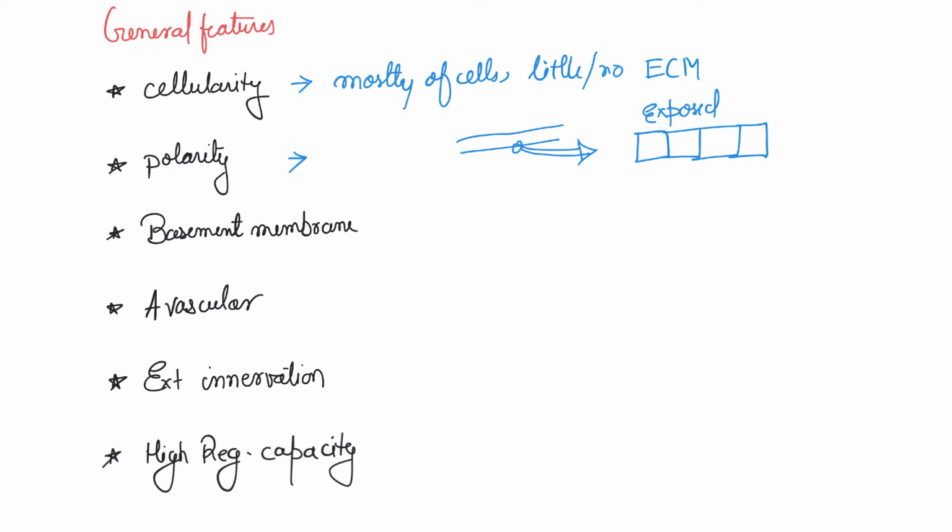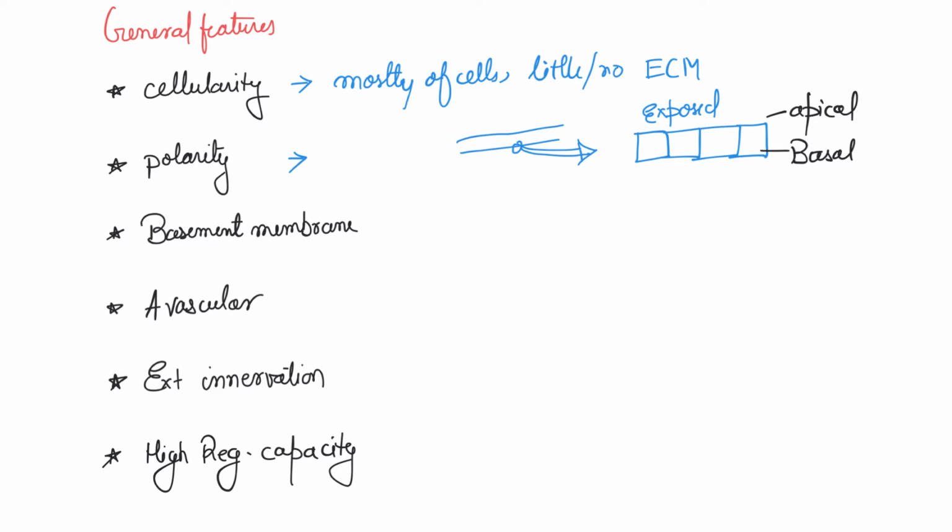That surface you can easily call the apical surface, and there's a basal surface. Now why do we say there is a polarity? Because the distribution of stuff is different. Sometimes you'll find that the nuclei will always be towards the base, right? So that is why we say there's a polarity.